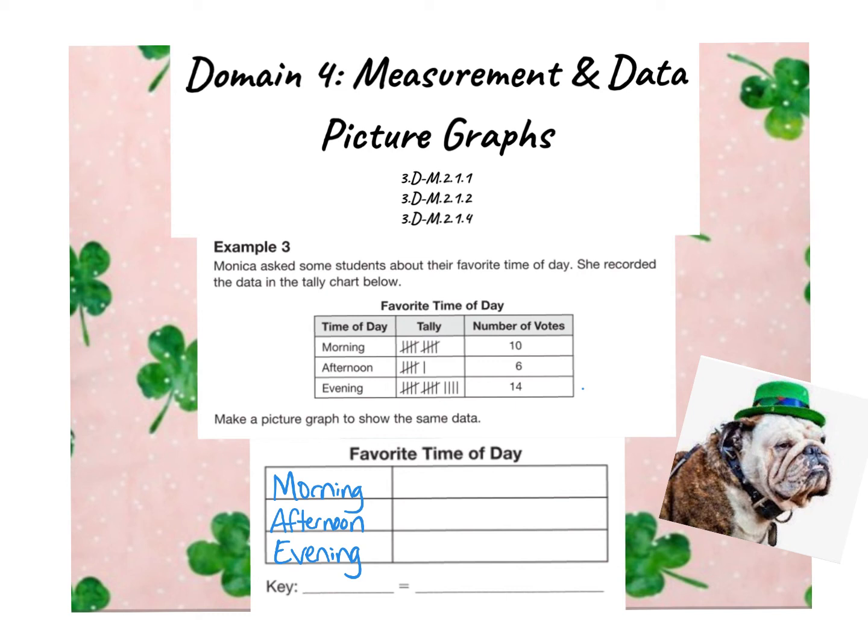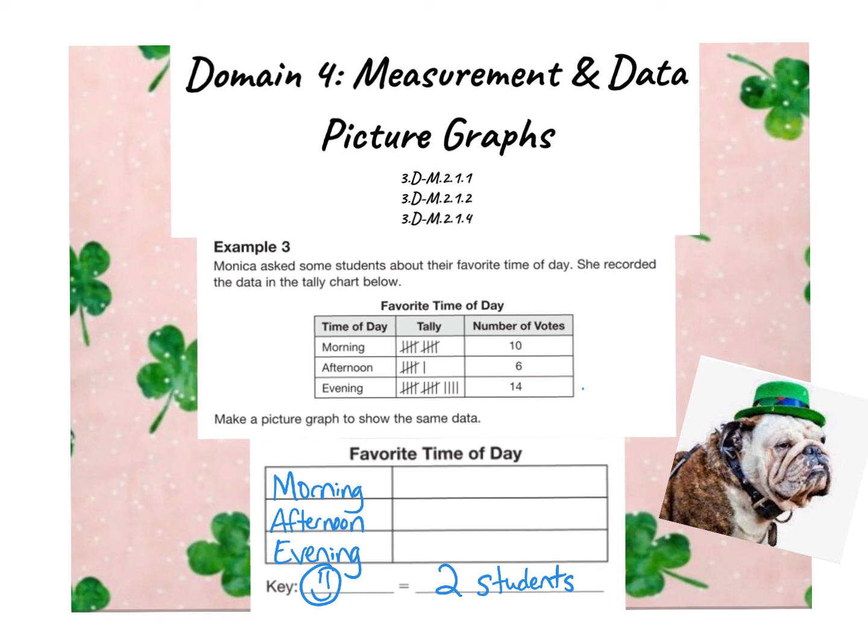So instead of doing 14 pictures, I can make a key, and I notice that all of these are even. So I can say that a smiley face represents 2 students' votes.